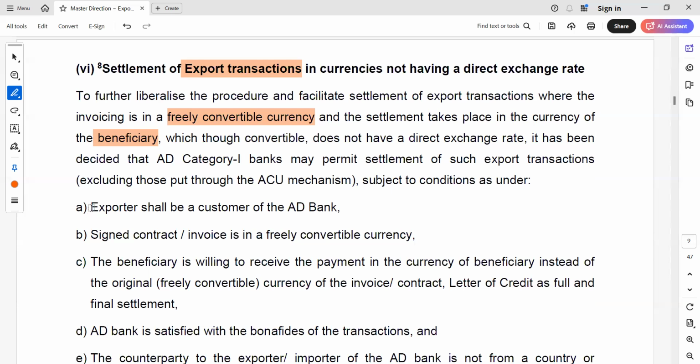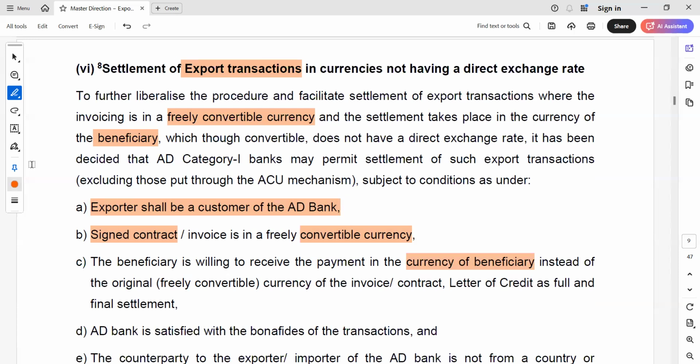So here, the exporter shall be a customer of the AD bank. The signed contract invoice is in freely convertible currency. The beneficiary is willing to receive the payment in the currency of the beneficiary instead of the original currency of the invoice.